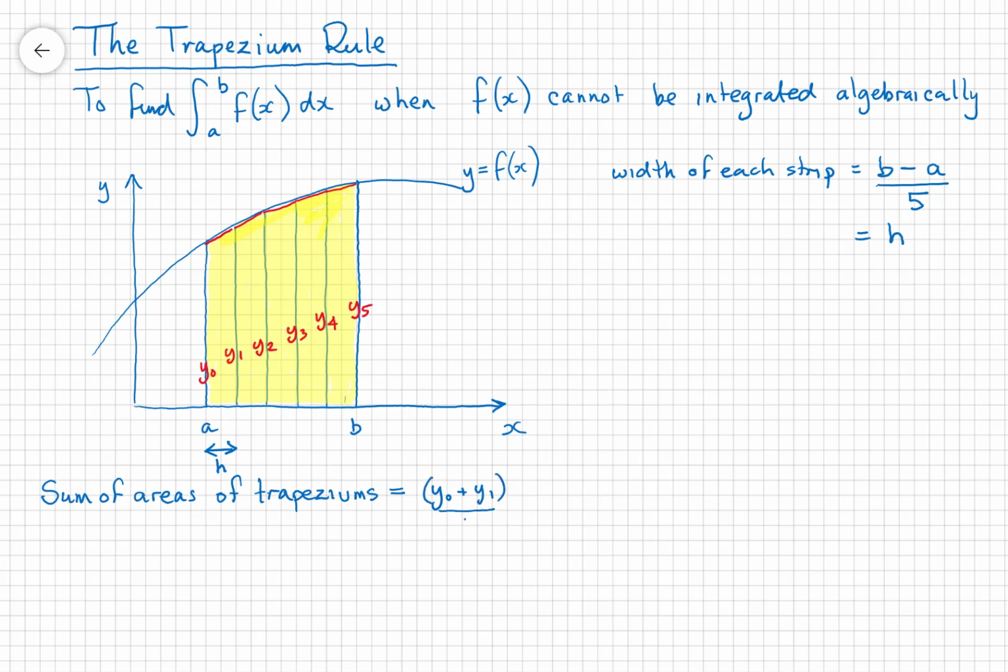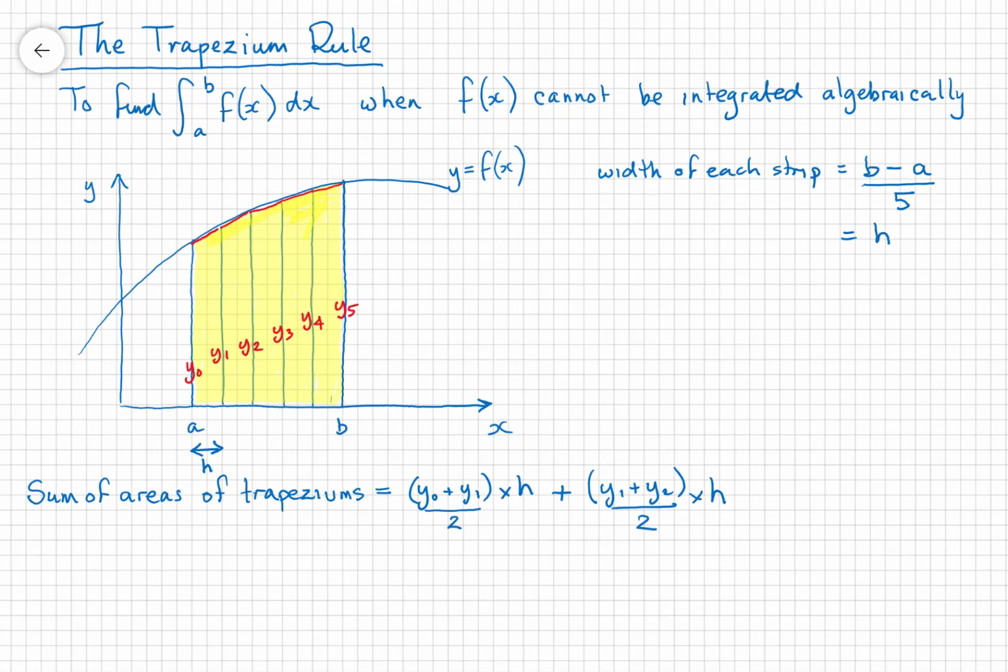We want half the sum of the parallel sides times the distance between them, and that's the area of the first of those trapeziums. The second would look very similar. This time though it will be y1 plus y2 over 2 times h, and we can go on to do that for all of the trapeziums that we have. And so we have the third, the fourth and the 5th trapezium there.